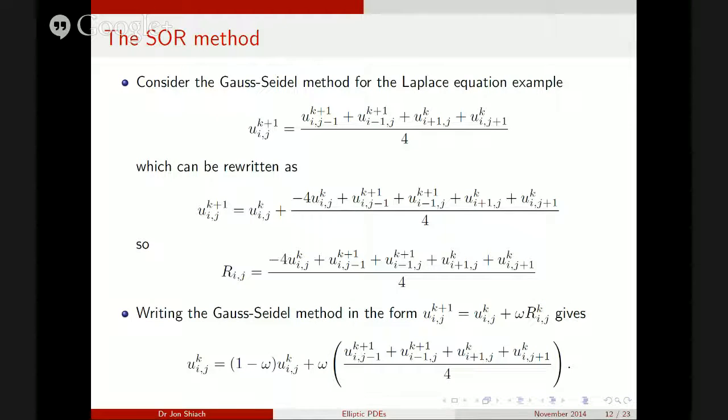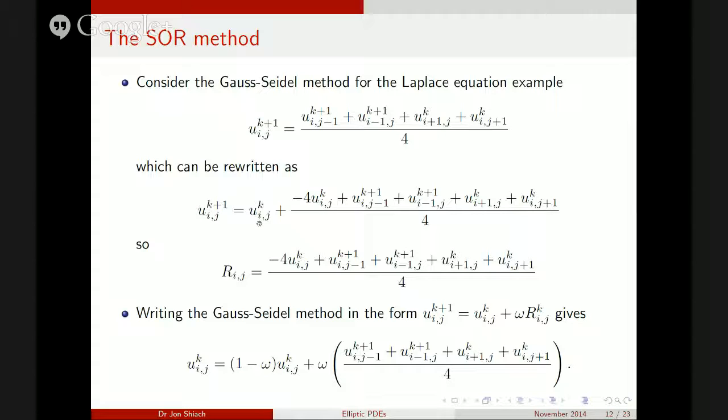Okay, so let's have a look at changing our Gauss-Seidel method to take into account this relaxation parameter. I've just put the Gauss-Seidel method up here. I've done a little trick from this step to this step. I wanted to include the current estimate, but I can't just add that without changing this equation.